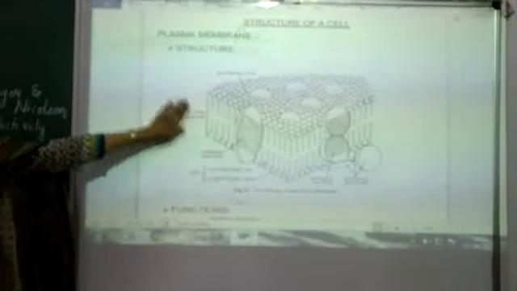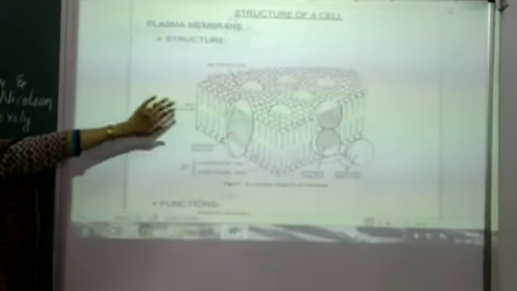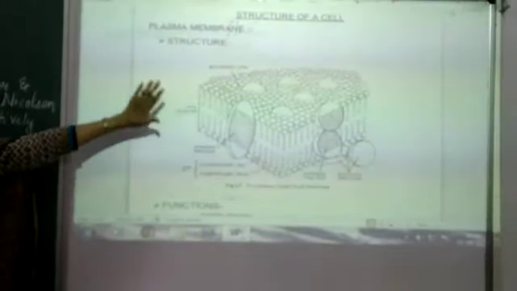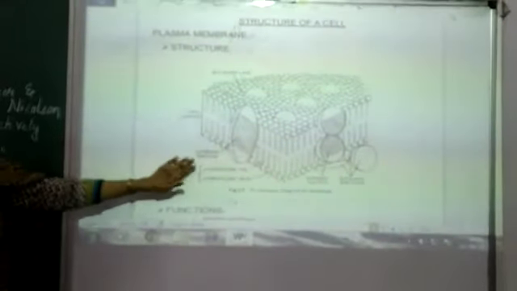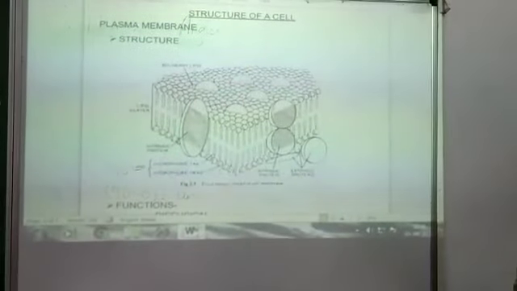So children, this is about the structure of the plasma membrane. I'll be posting this for your reference so that you can understand it better. Moving to the next, the functions of the plasma membrane.